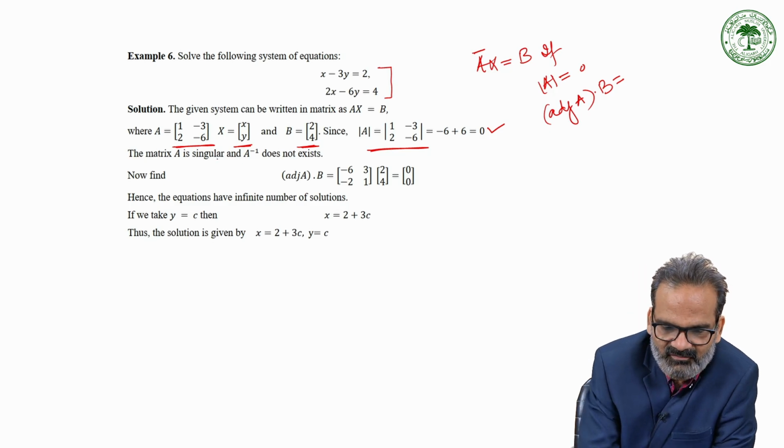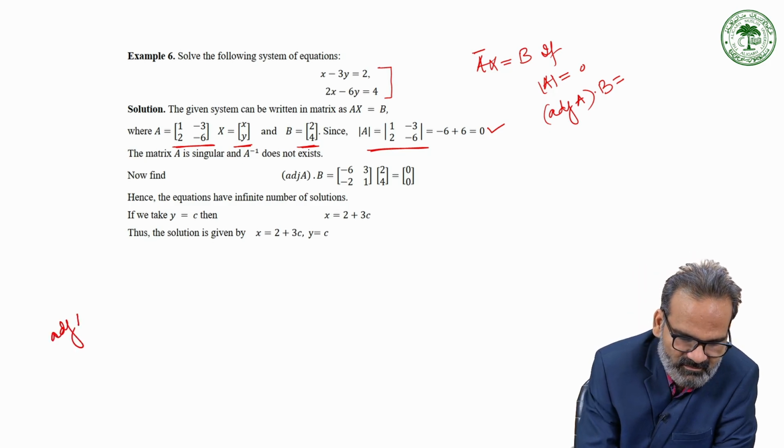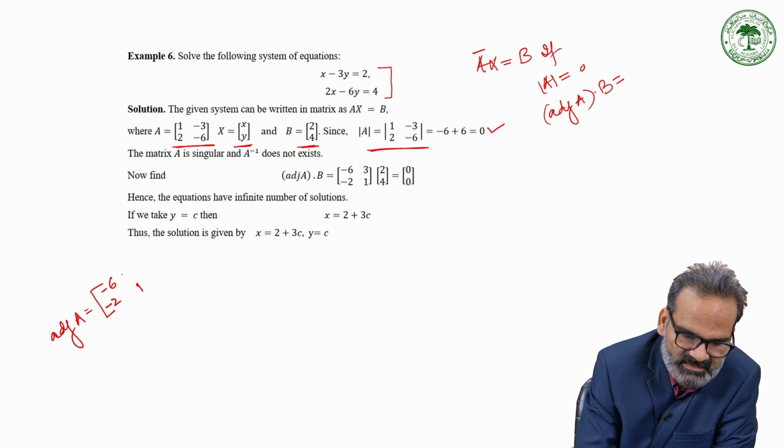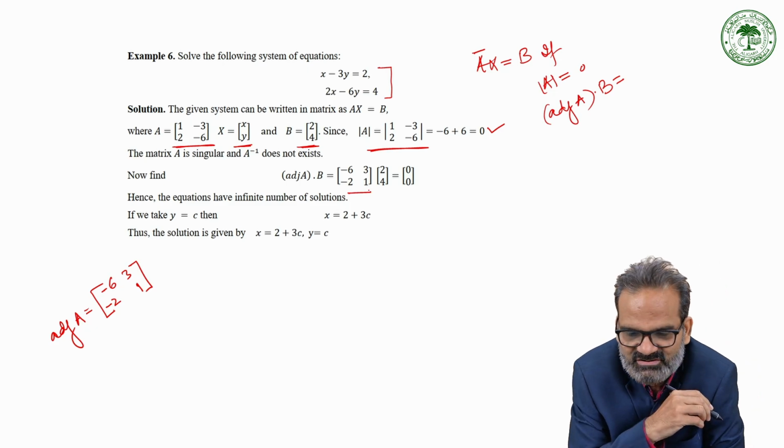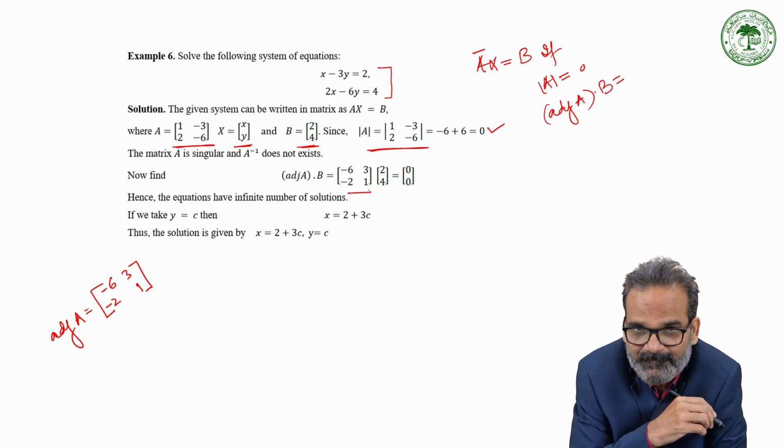So the adjoint of A of this matrix is what? By the shortcut method, these two elements should be flipped, minus 6 and 1, and these two elements should be multiplied with a minus sign. So this is the adjoint of the matrix A.